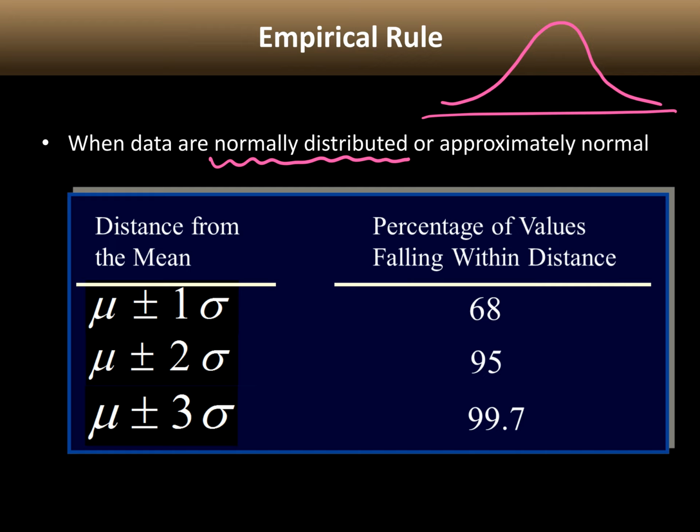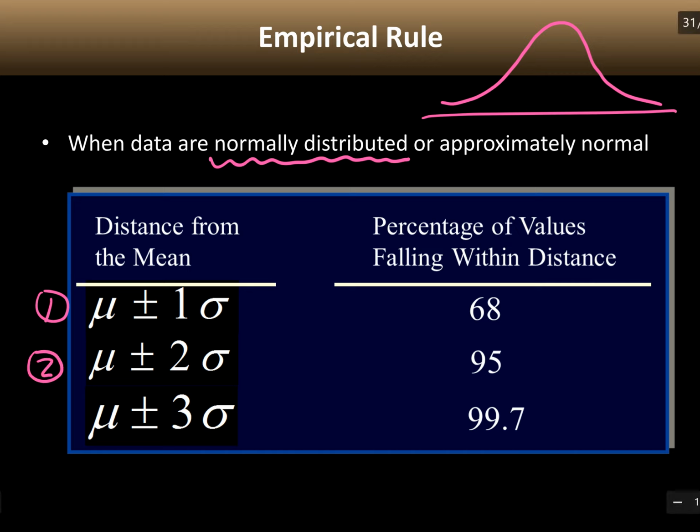If the distance from the mean is 1 standard deviation, so this is case 1, mu plus or minus 1 standard deviation, then we have 68% of the data. So the central or middle 68% of the data will fall 1 standard deviation above and below the mean.